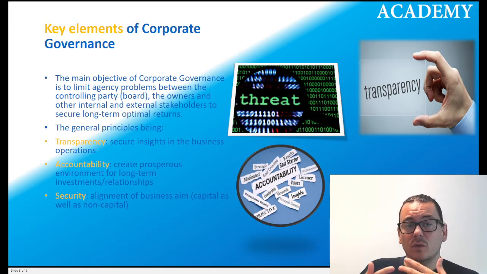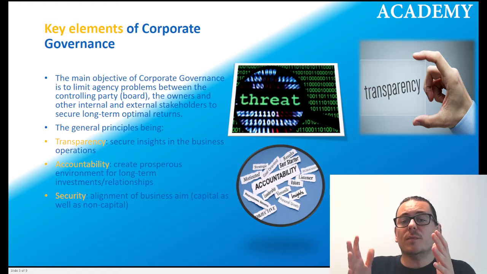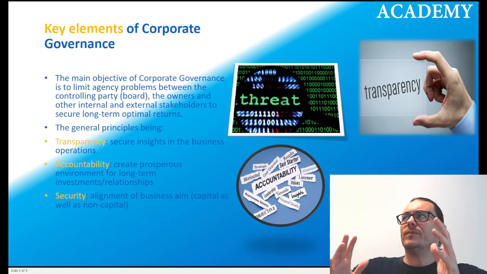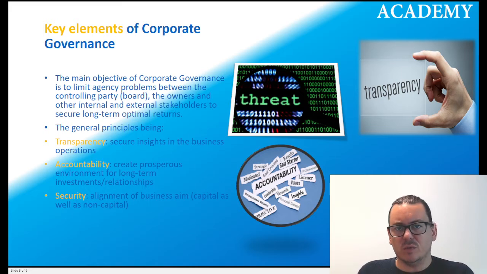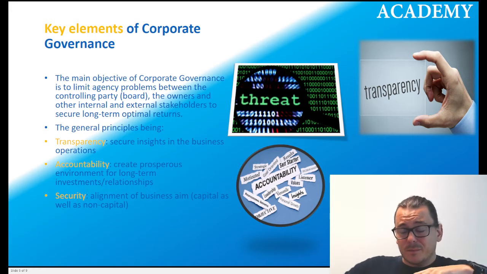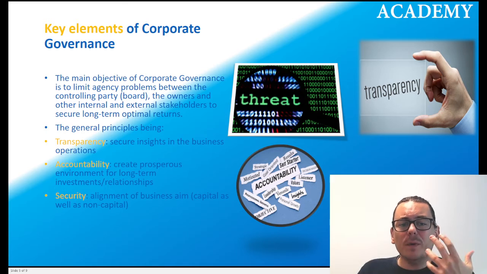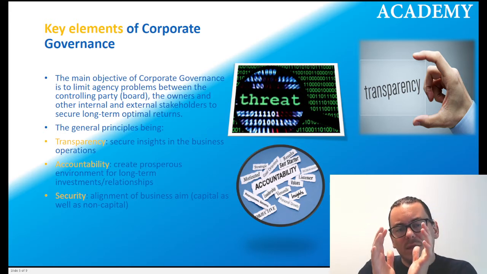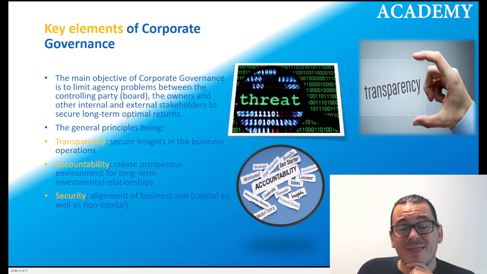So what we want to secure here is transparency. We want to open up the company so the stakeholders know what is happening, what is your strategy, how are you going to act in this crisis situation? What is your long-term strategy in terms of green policies, etc.? So we need to have this kind of openness to secure accountability, to align the interest of the stakeholders with the actions of the company. And that you do by good governance.